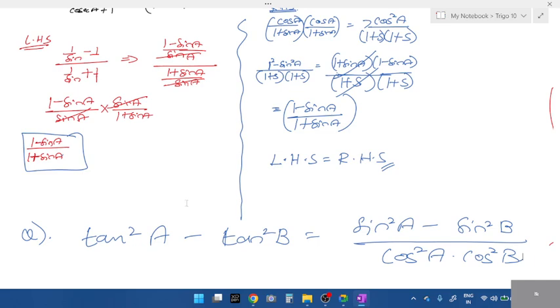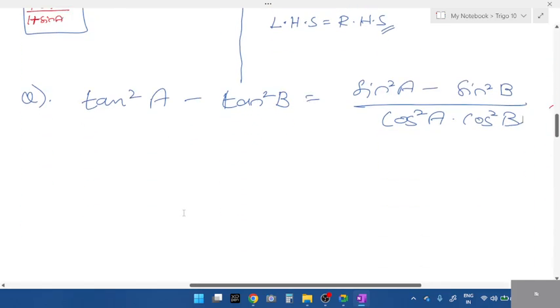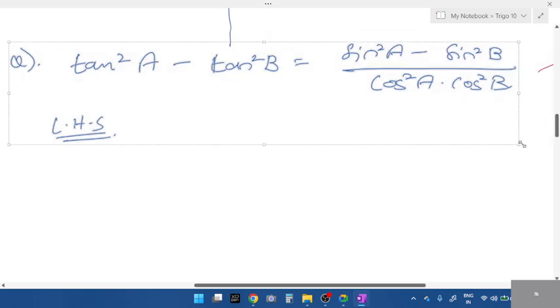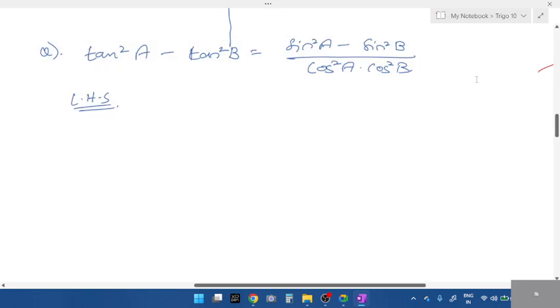Which one do this? How do you convert tan A and tan B? Take left hand side. Right, how do you convert tan in terms of sine and cos, right? Yes, but there is square. There is square, what's there? Sine square A divided by, minus.